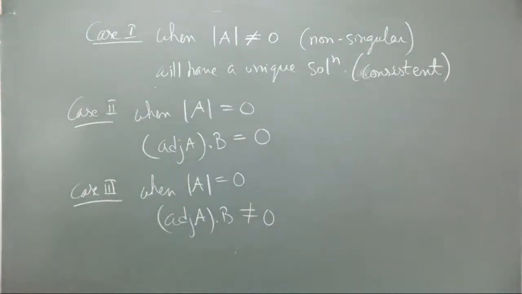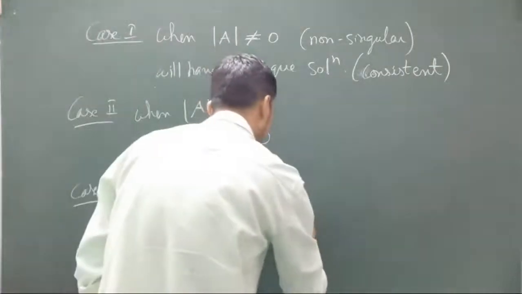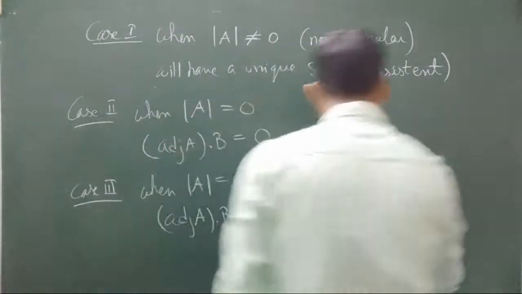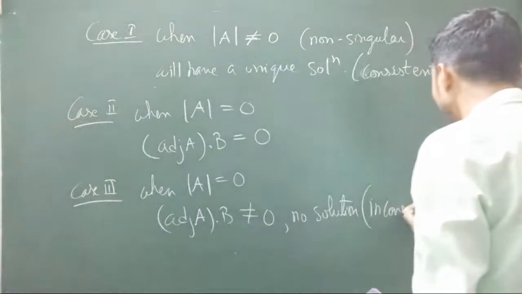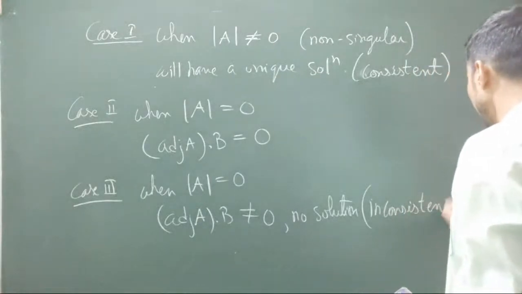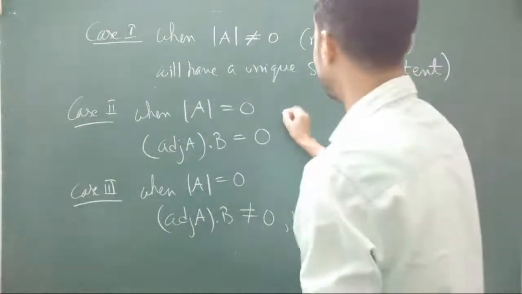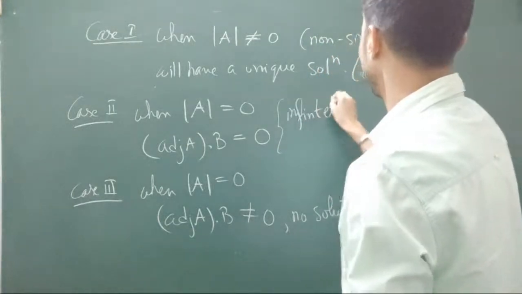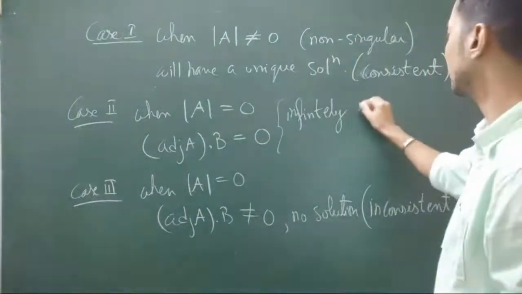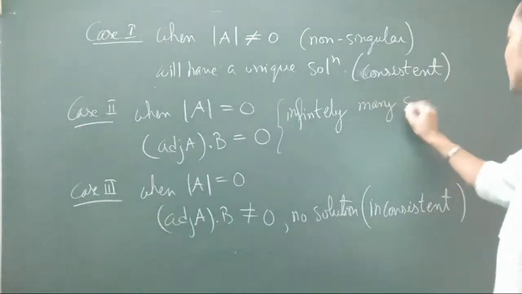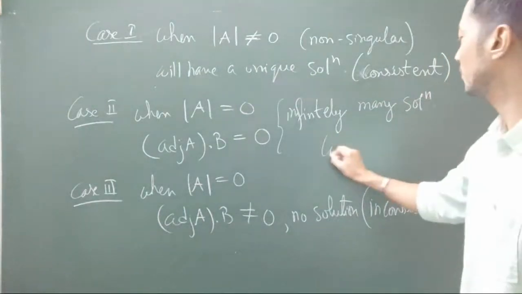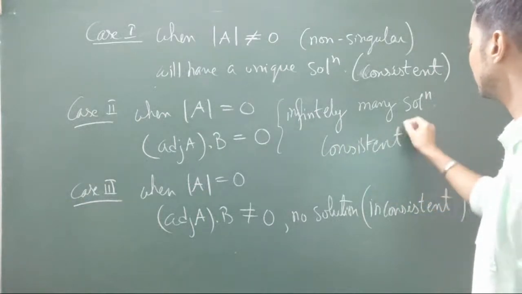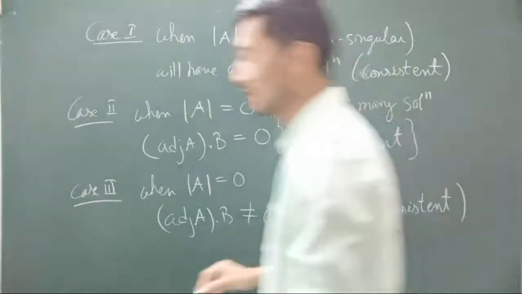When it will not give us 0, then we say that the system has no solutions. That is inconsistent. And in the other case, we have infinitely many solutions, but it will still be consistent, because remember, consistency is a case where you have at least one or more solutions.